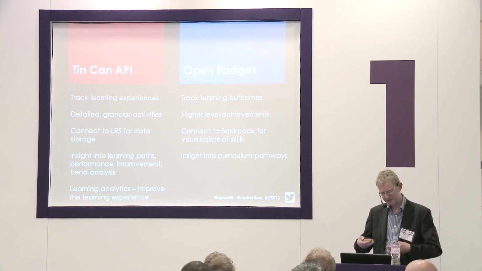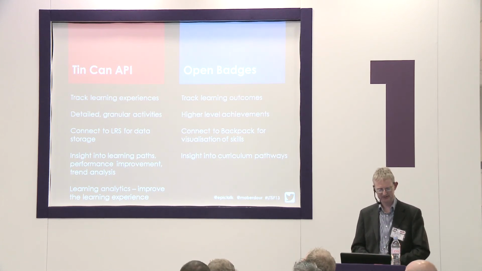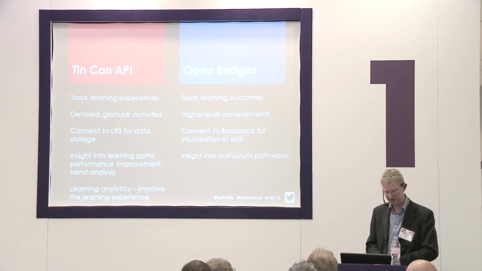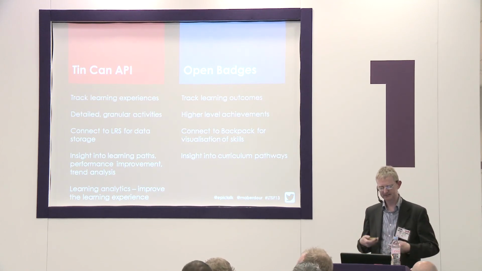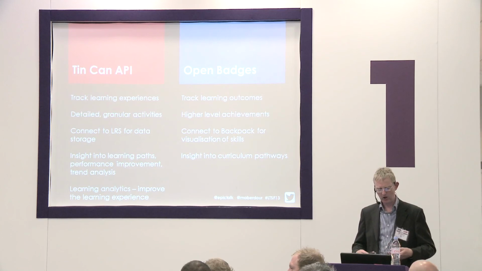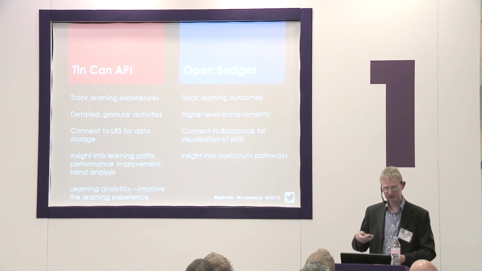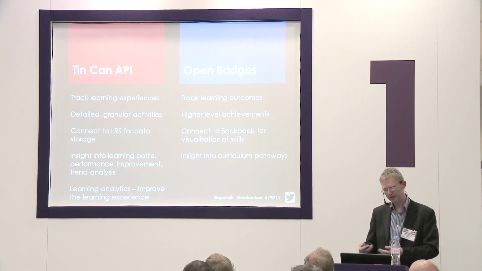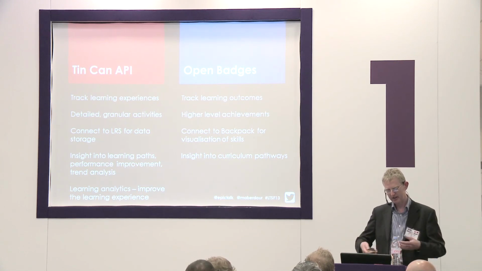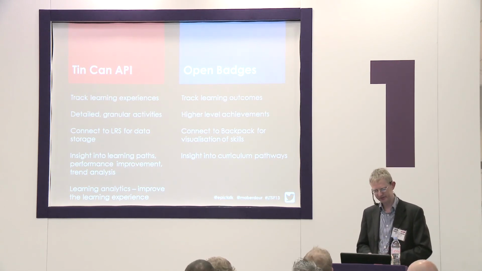That's really an enabler towards this kind of learning analytics scenario, where we can do detailed analysis of what successful learners are doing and what learners who haven't done so well are doing, what the differences are, and all about improving the learning experiences for those users.